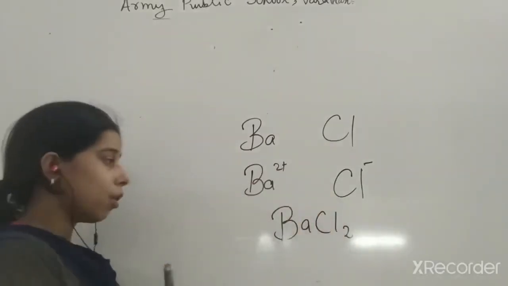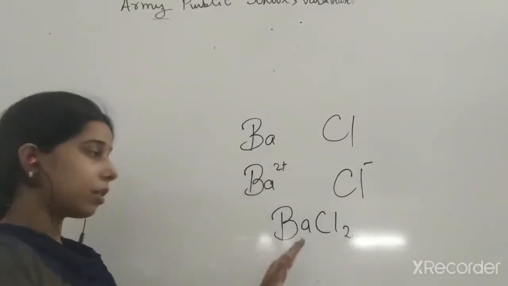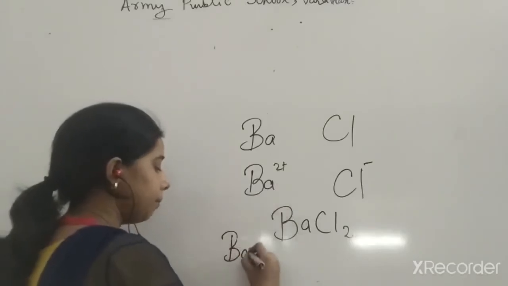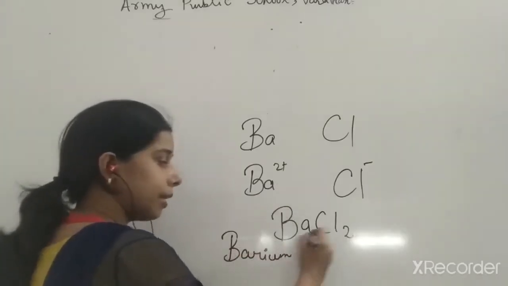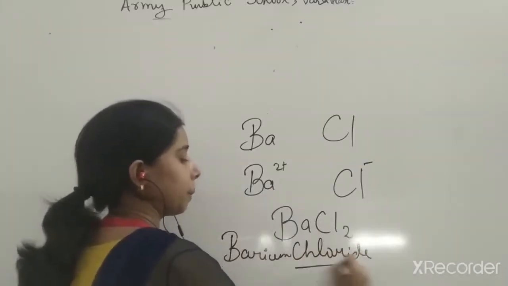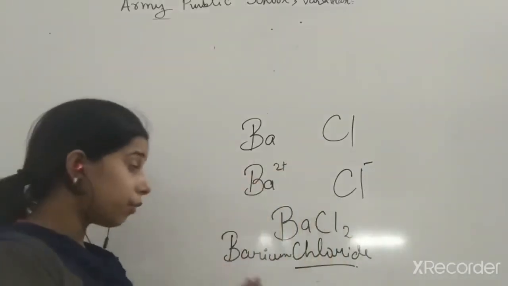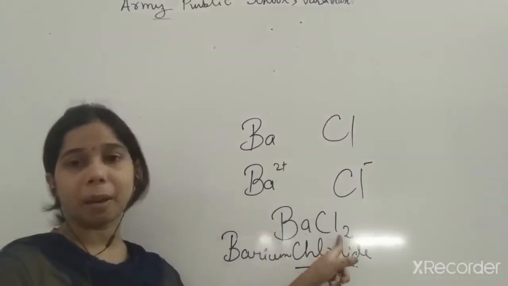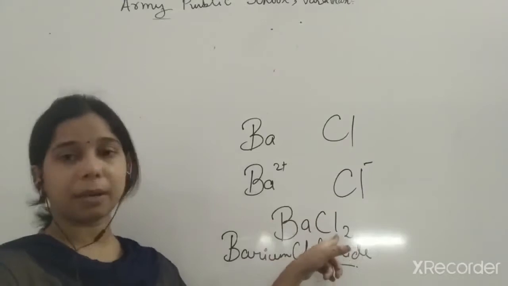Okay, so here we will write the cation first, so we will write barium, then chlorine is the next, that is an ion, and we will write barium chloride. So it will always be barium chloride. Remember that we will never write the number of atoms which is attached with that particular ion.